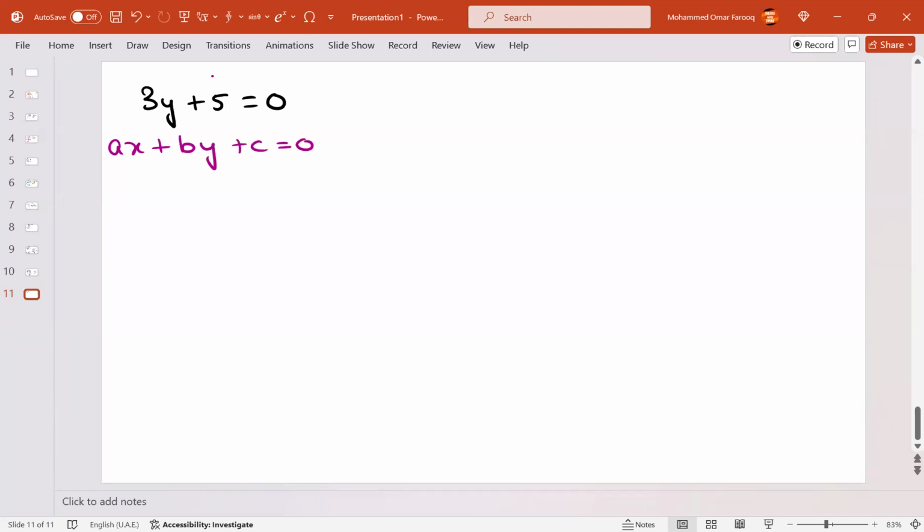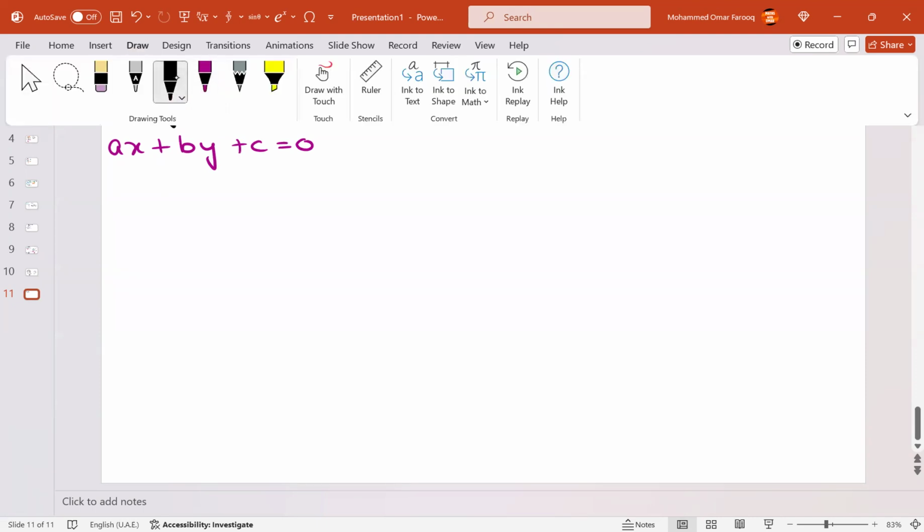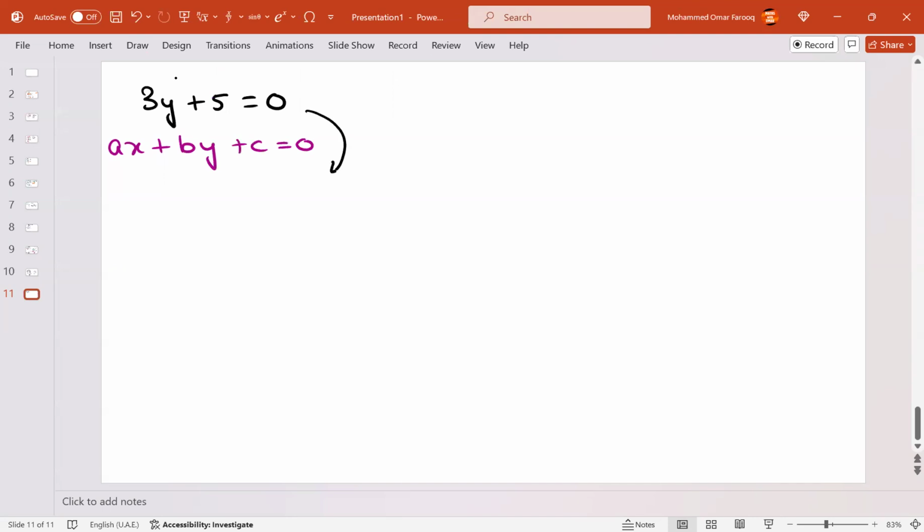Do you have an x term here? We don't have any x term in the given statement. So how will you write this statement? Can I write it as 0x plus 3y plus 5 is equal to 0? Now, what is A? 0. What is B? 3. What is C? 5.